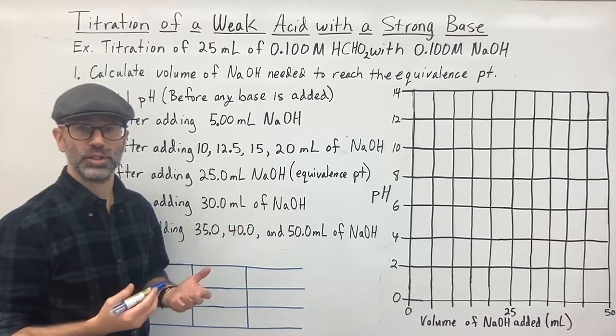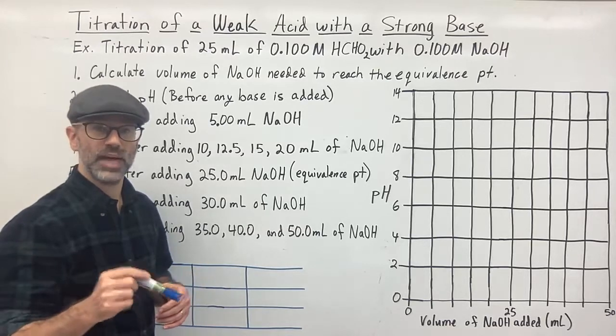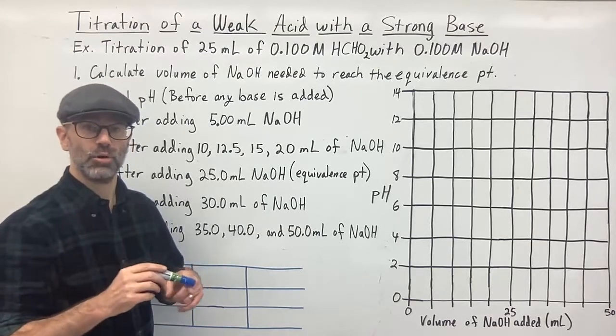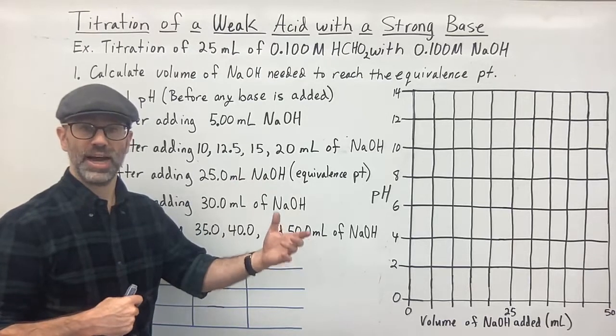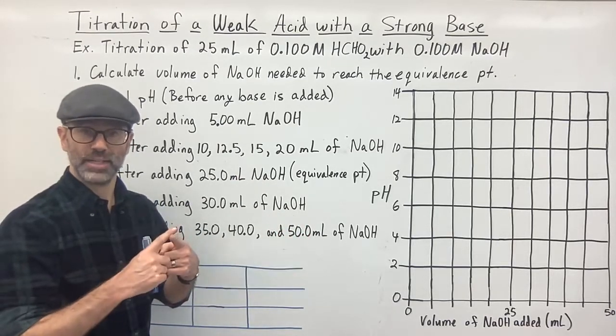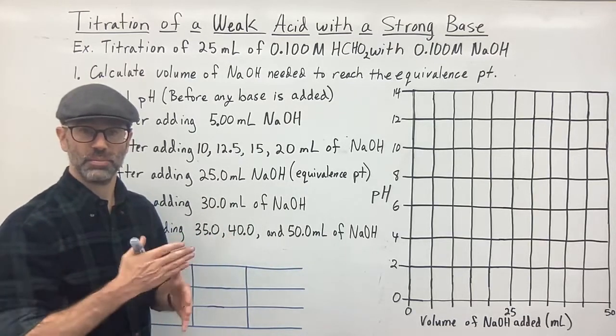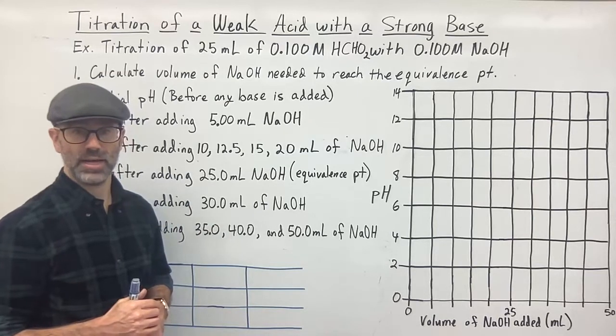Because at the equivalence point, the number of moles of the NaOH that we add should equal the number of moles of the acid that we began with, so that they neutralize out and we have zero of the acid left. So we've completely neutralized our acid.